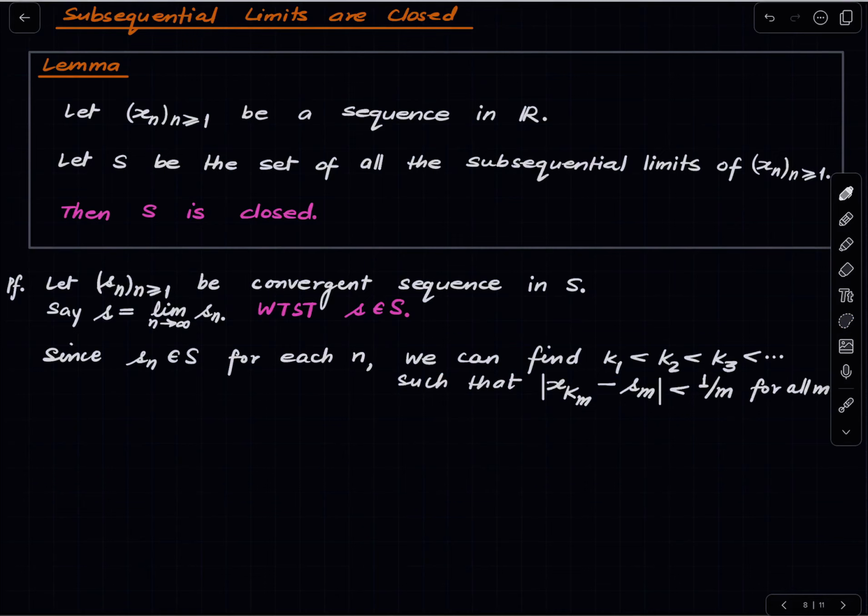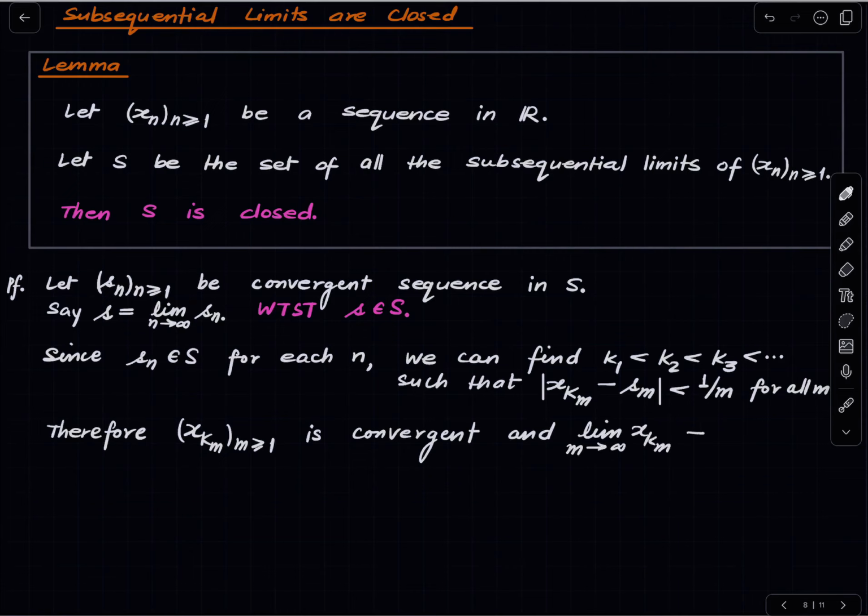For all m. Okay, and now note that therefore xkm is convergent, and in fact its limit has to be the same as the limit of Sm, which is s. So again, this also has to be justified.